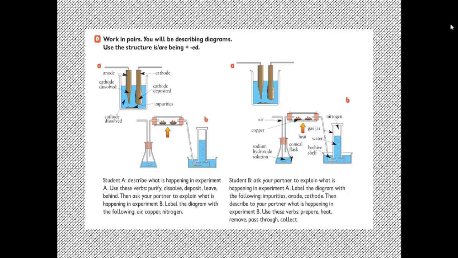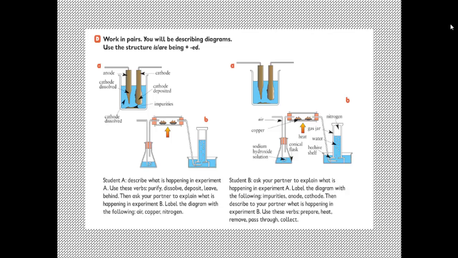Use the structure is or are according to the subject, which is plural or singular, then being plus the past participle. Here we have two students, student number A and student number B. Student A will describe what's happening in experiment A. Use these verbs: purify, dissolve, deposit, leave behind.